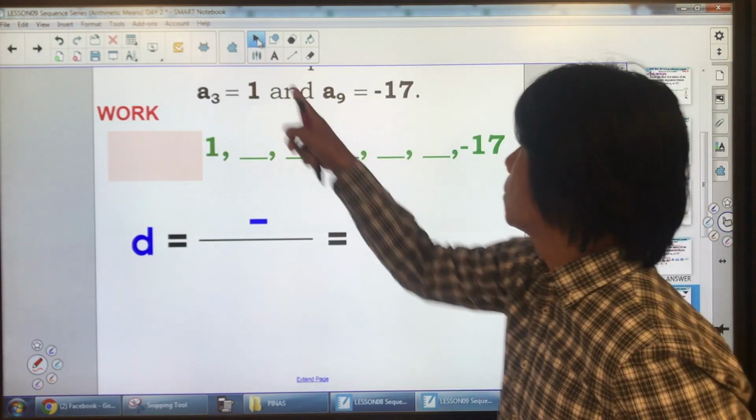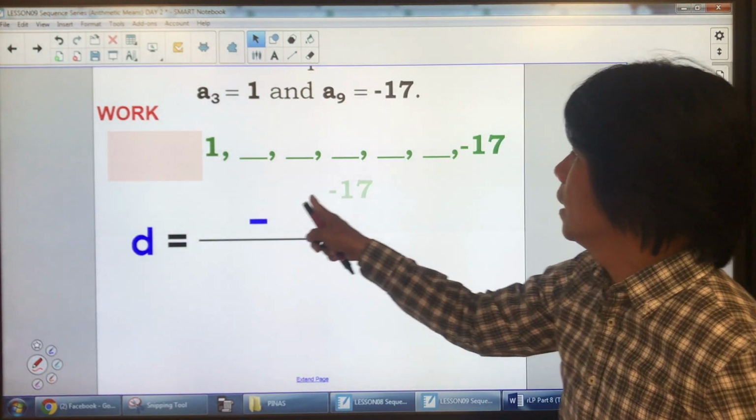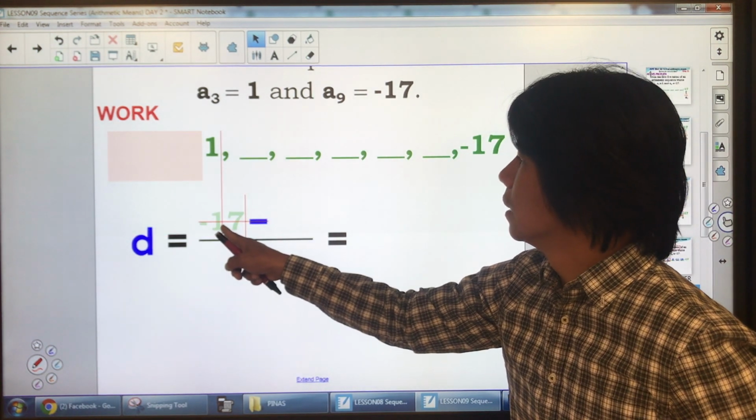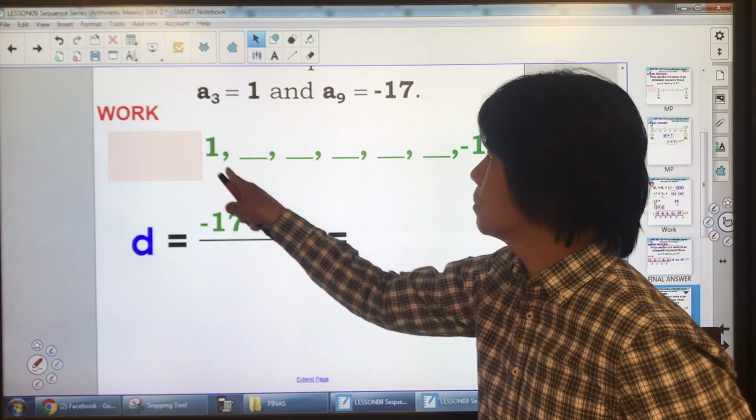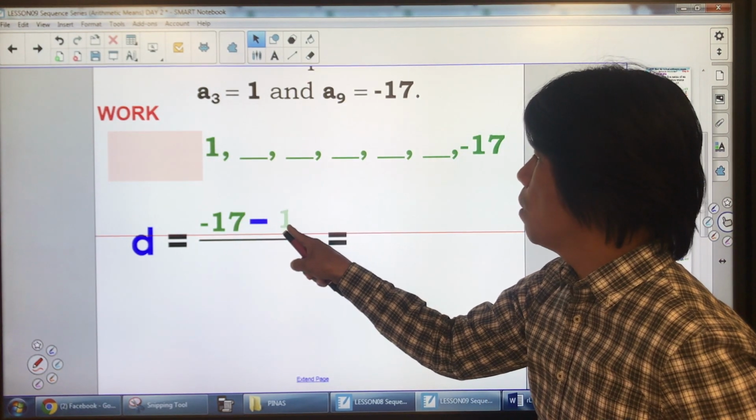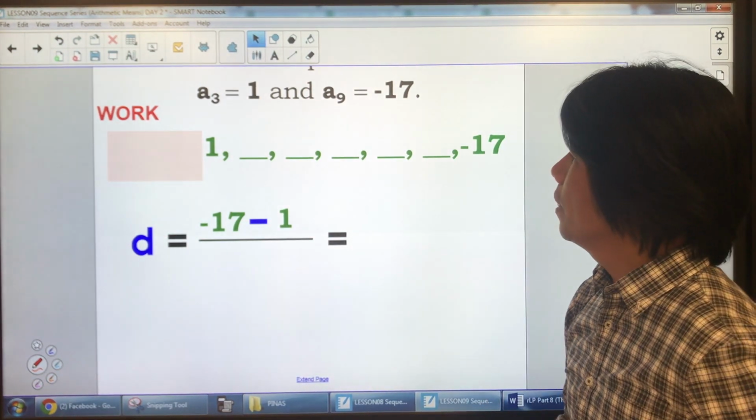Alright, we want to find out your common difference. Just grab this number, negative 17 minus, always, you subtract always, minus 1. And then what?